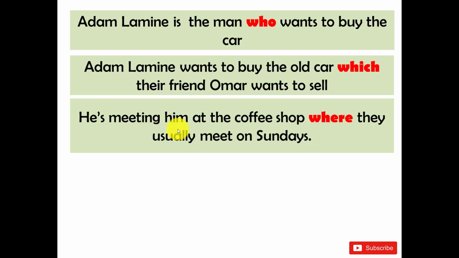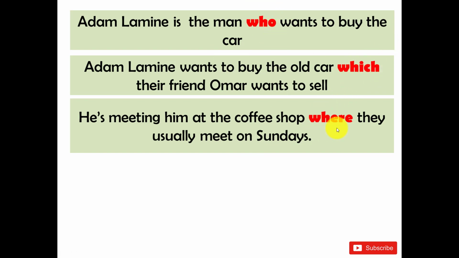Well done. Let's read the examples we have just seen from the dialogue. Adam Lamin is the man who wants to buy the car. Number 2. Adam Lamin wants to buy the old car which their friend Omar wants to sell. 3. He's meeting him at the coffee shop where they usually meet on Sundays. Now, what do we call the words in red? Who, which, and where?